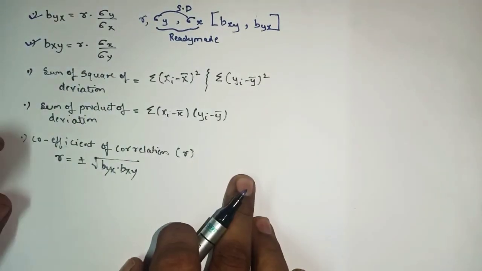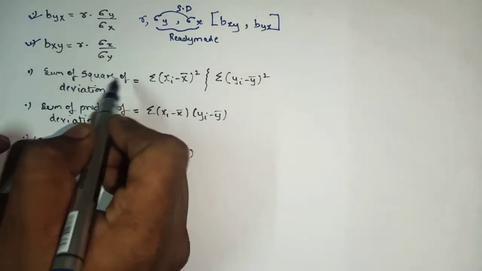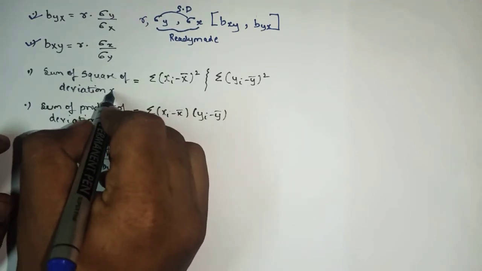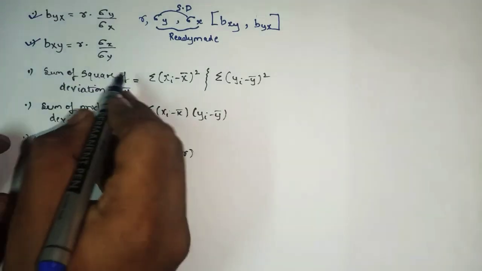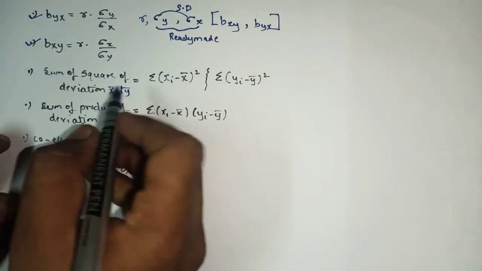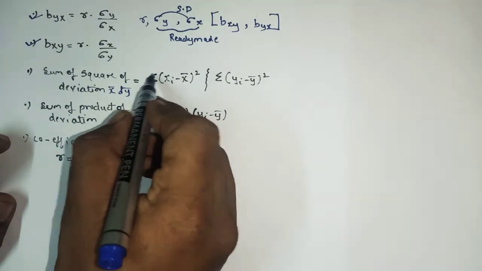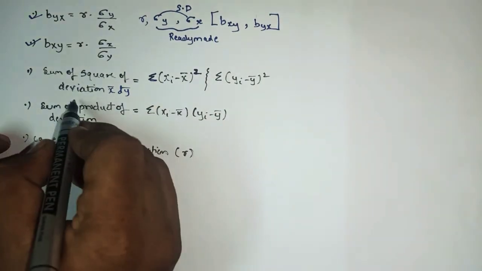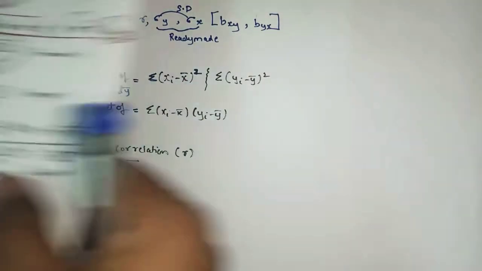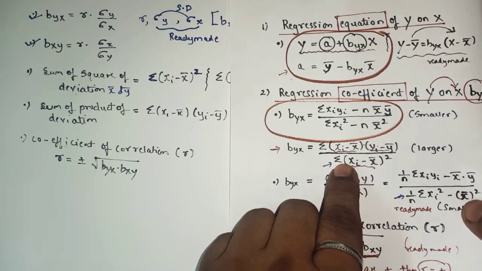Okay, now in a statement sum they will use the words sum of square of deviation for x mean and y mean. When it says sum of square of deviation for x mean, it means the total sum. Actually this is the sum, this is the square, and deviation, as I told, means the denominator part.